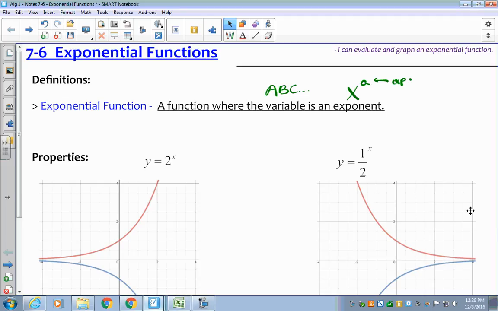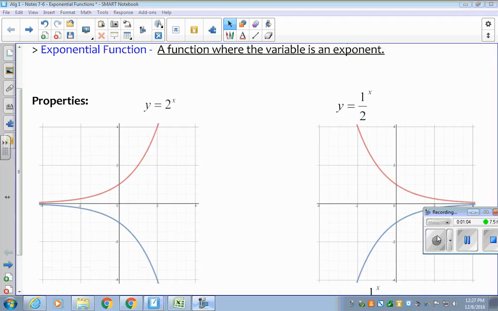So an exponential function is a function where the variable is an exponent. So we've got y equals 2 to the x, and y equals 1/2 to the x.